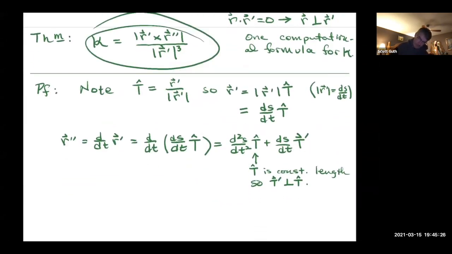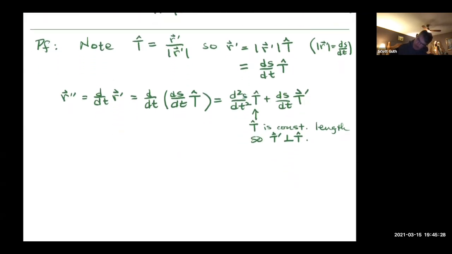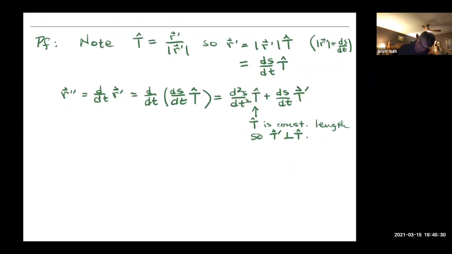We bring in both expressions. The first one for r prime was ds over dt times the unit tangent.